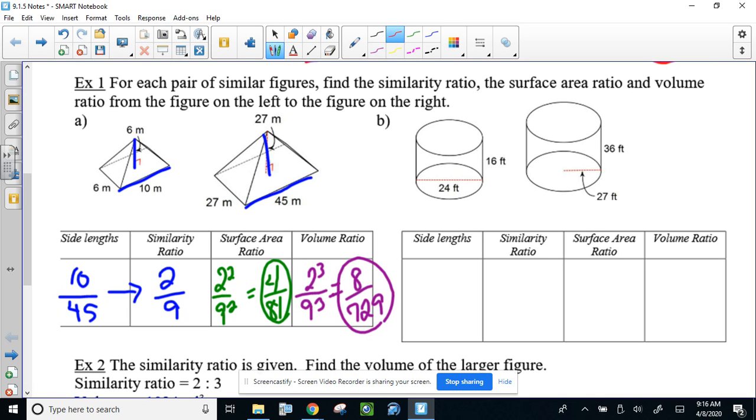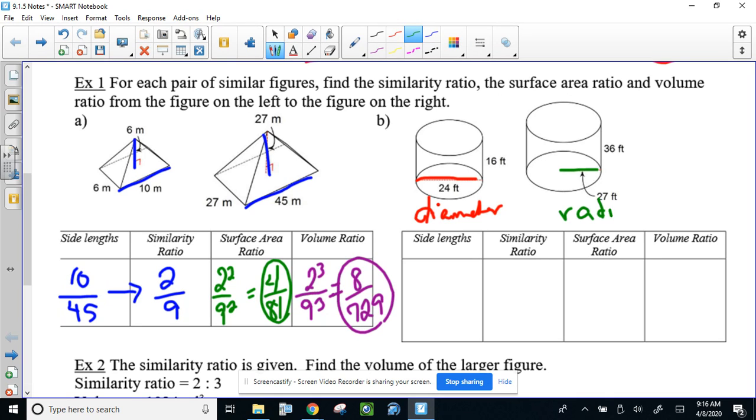With the second one, obviously we've done this a couple of times now. The only reason I want to look at this one is just that it's easy to make a mistake when you're comparing. So notice here, this 24, that's the diameter of our figure. And when we are looking over towards the other shape, the 27 that they gave us, yes, it's bigger, but this is only the radius.